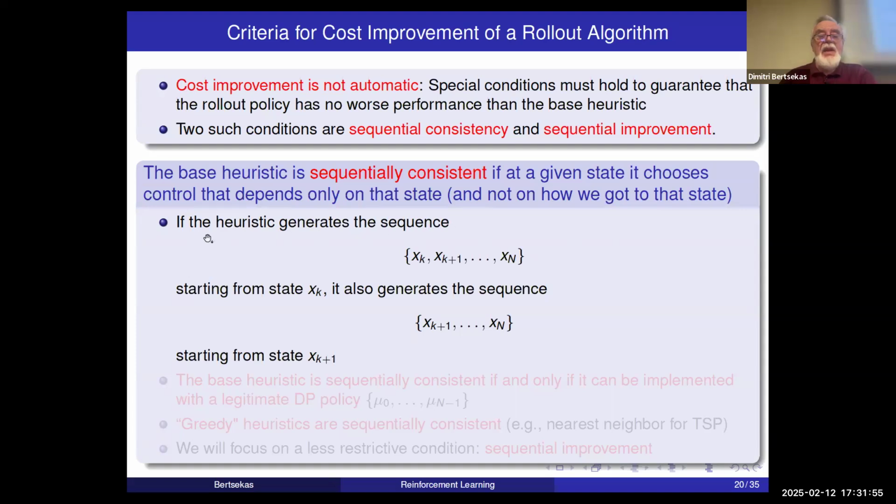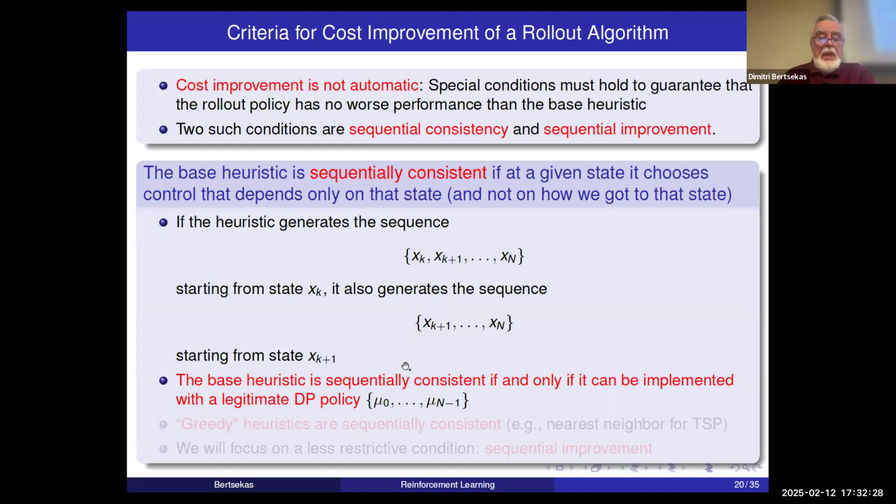Mathematically, if the heuristic generates a trajectory from state xk up to xn, then starting from the next state, xk plus 1, it will generate the same tail subsequence. So it doesn't change its mind after it gets to xk plus 1 and generate a different sequence. That's what we mean by sequentially consistent.